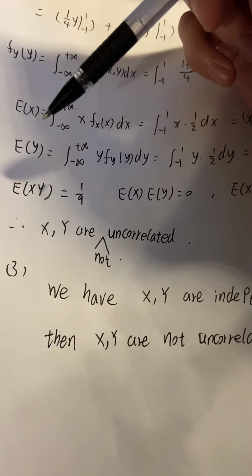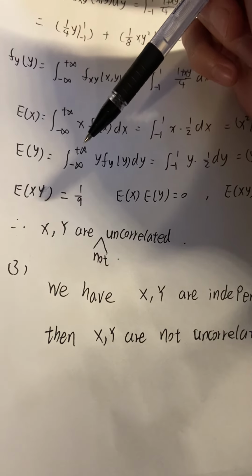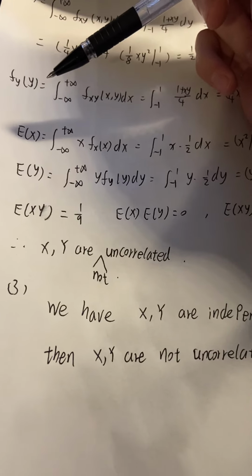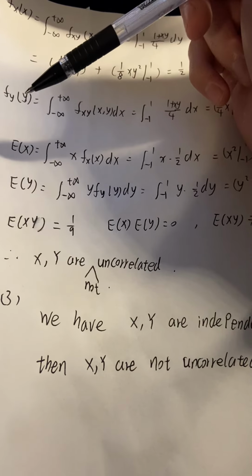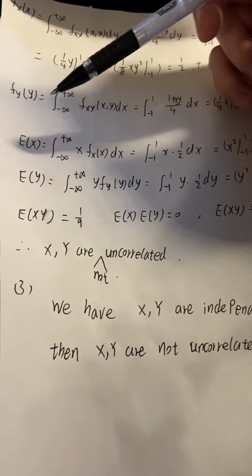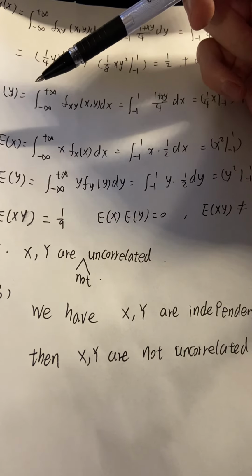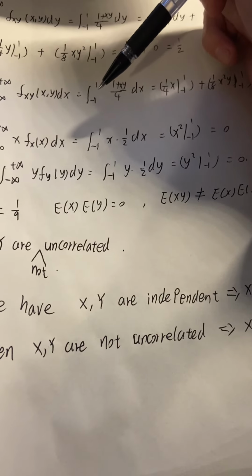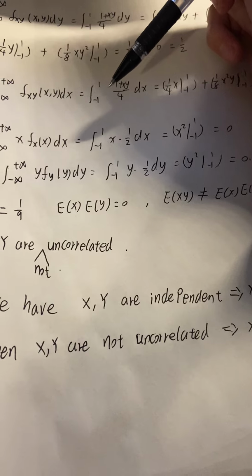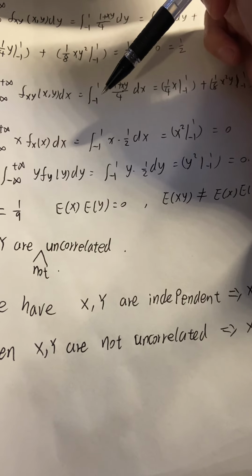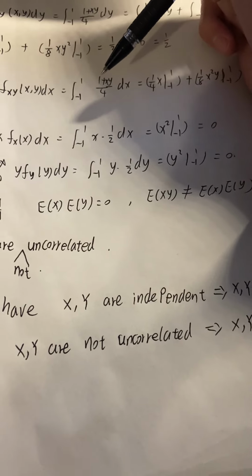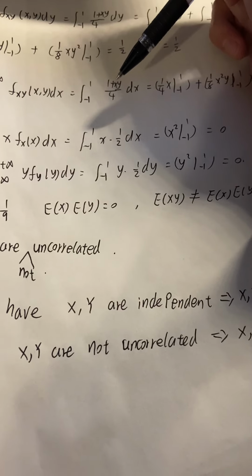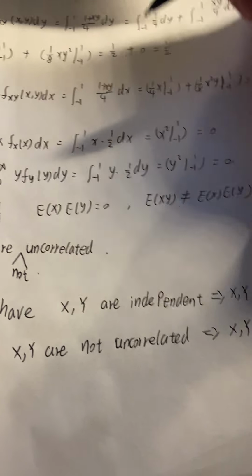And E of Y is the same. We need to find the density function of y. So the density function of y is the integral, where x is from -1 to 1, of (1 plus xy) divided by 4 dx.